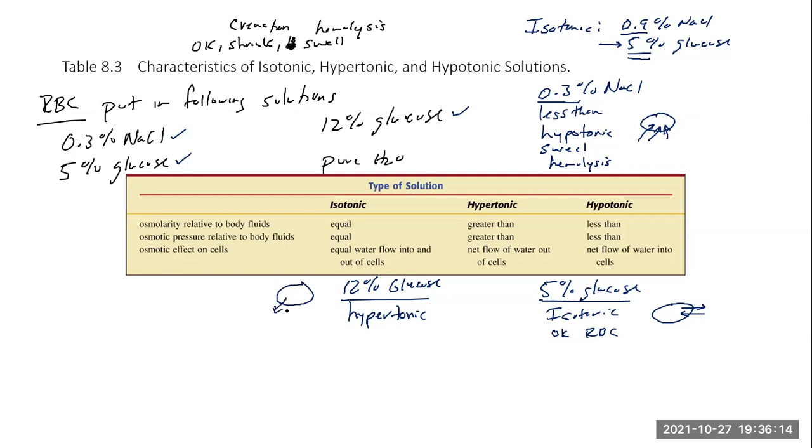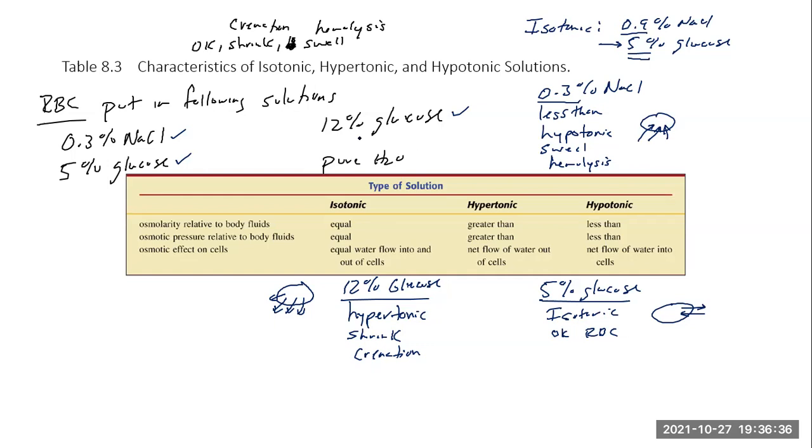So again, the cell is going to decide to try to dilute the outside solution. That's going to cause the cell to start to shrink and go through what is known as crenation. And again, not a good situation in that particular case. Any questions on those three there?